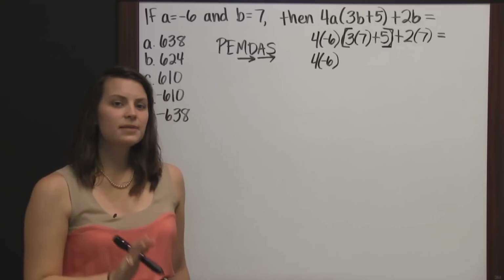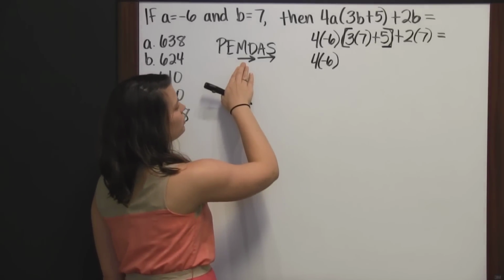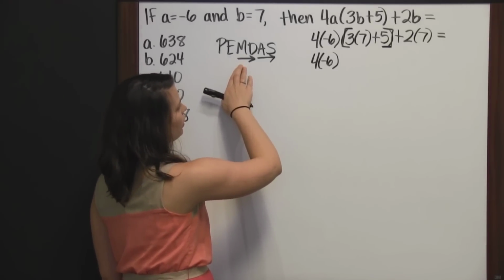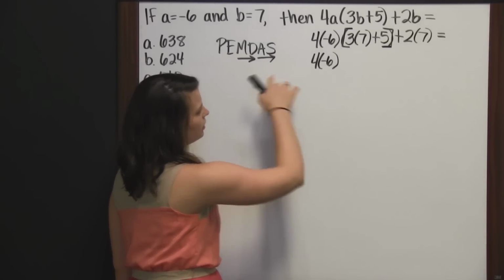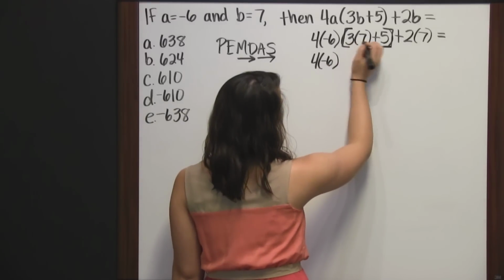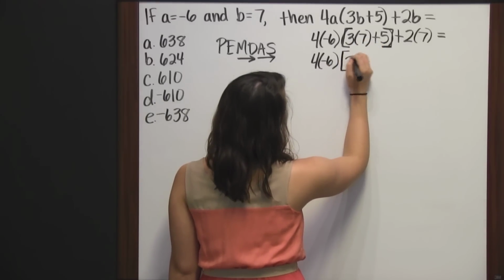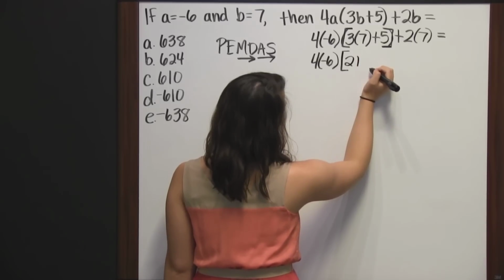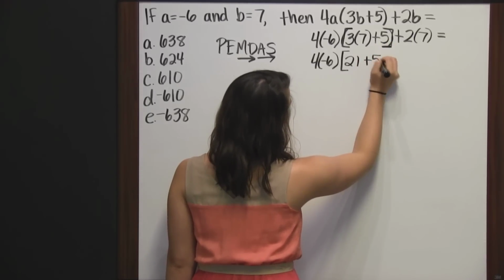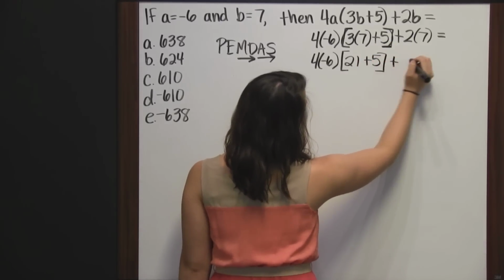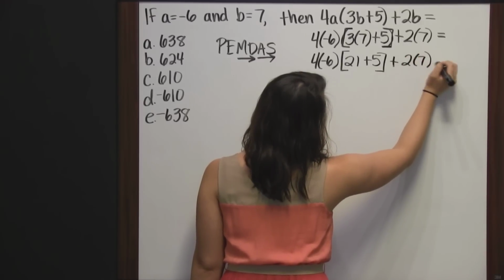So if we refer back to PEMDAS, we need to do our multiplication before we do our addition. So I'm going to start by multiplying 3 times 7, which is 21. And I'll bring down plus 5, plus 2, times 7.